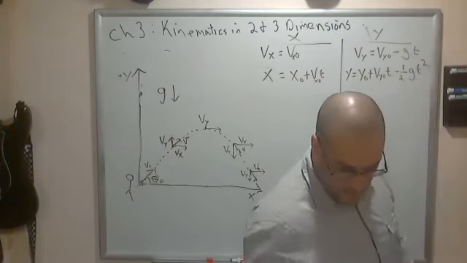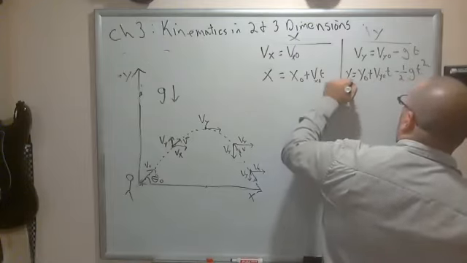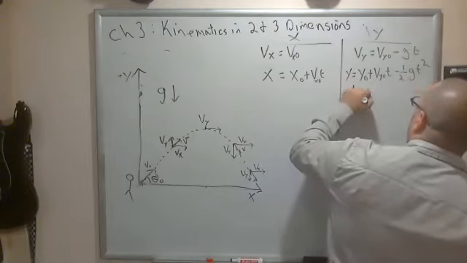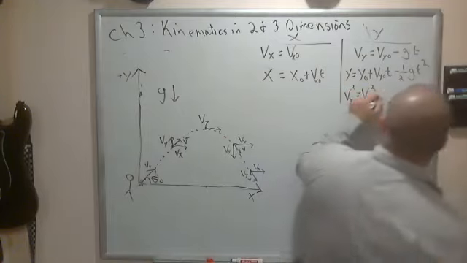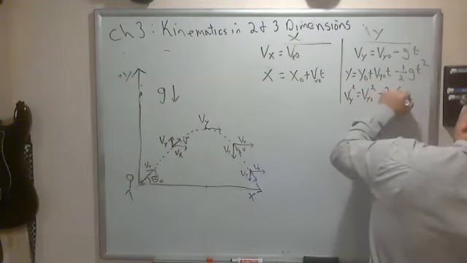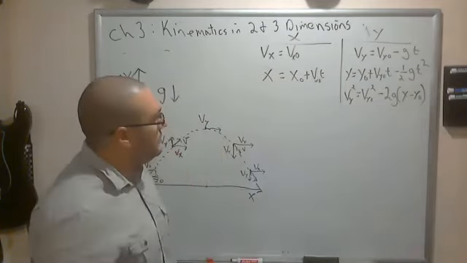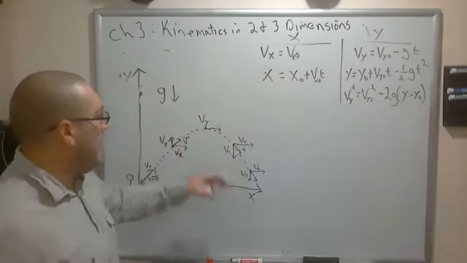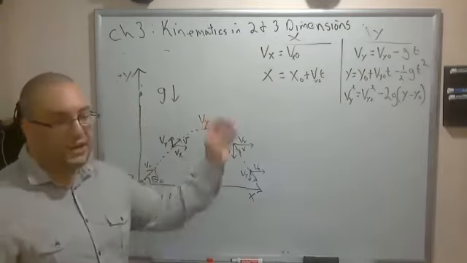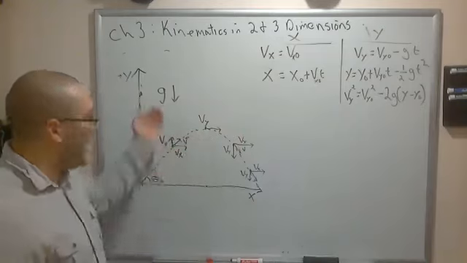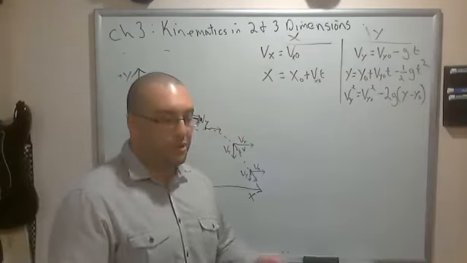And then we also have this, the final y velocity squared, minus 2g times the distance that it travels. So these are the equations that we'll use to describe any of these projectile motion problems, where we give it some initial velocity and the only thing acting on it is gravity. And that really defines what a projectile motion problem is.